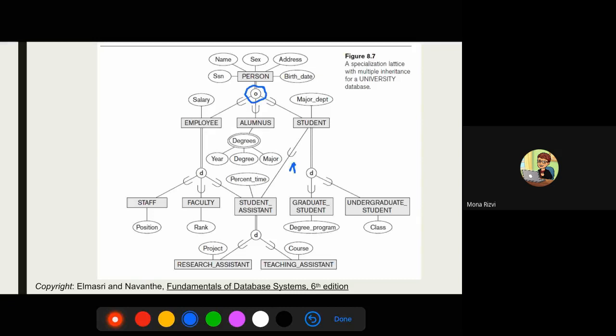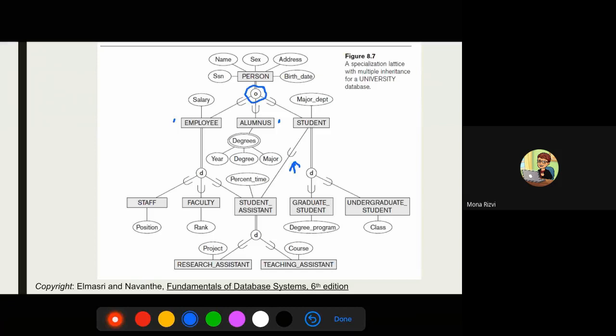And I want you to notice that that is the first example we've seen of an overlapping hierarchy, because it's possible that you graduated from the university, so you're an alumni, and you're also an employee. It's also possible that you graduated from the university and you're still a student because you were an undergraduate student and now you're a master's student.